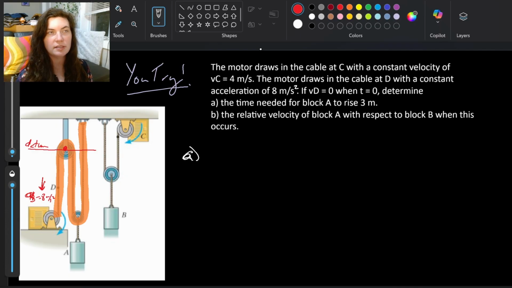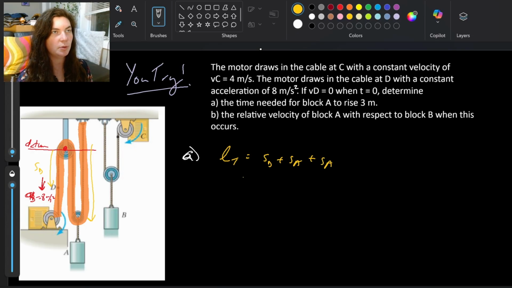But what we're going to do first is set up all of those length relationships. We get our length from the datum to D, one length of rope that we have, and then we're going to have 2 lengths from the datum to A. That's going to be our total length, SD plus SA plus SA.